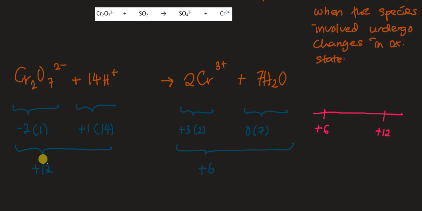In order for us to balance it, they have to have similar charges. When we add electrons on the number line, the charges will move to the left. So if we were to add electrons here, it will move to the left hand side.